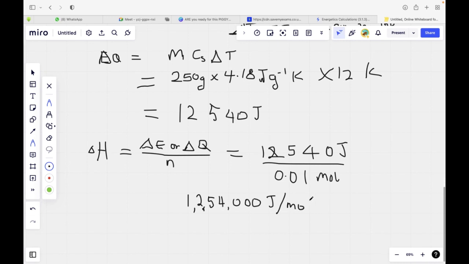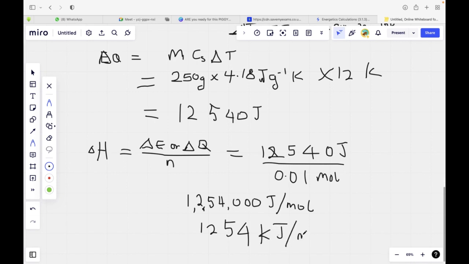This is the molar enthalpy change. But this is so big that we can reduce it to kilojoule. We can even reduce it to megajoule by dividing by 1 million, which gives 1.254 megajoule. But we can just put it in kilojoule by dividing by 1,000, and you get 1254 kilojoule per mole.